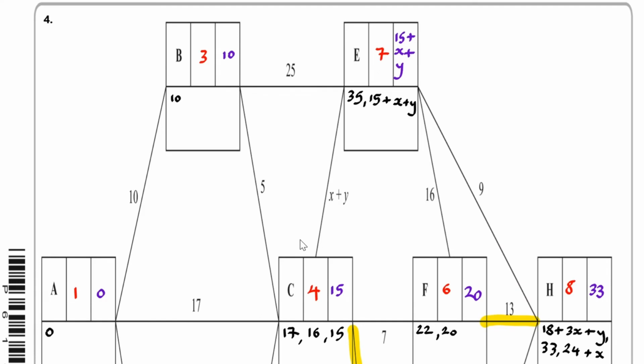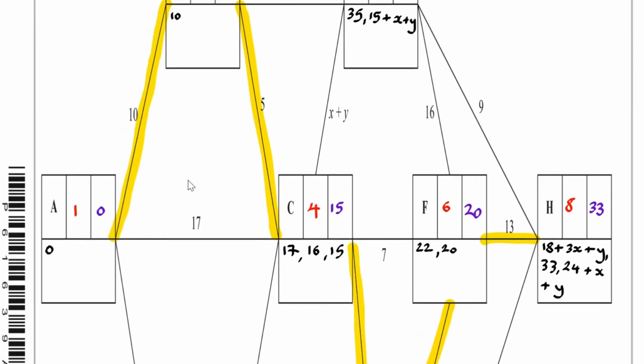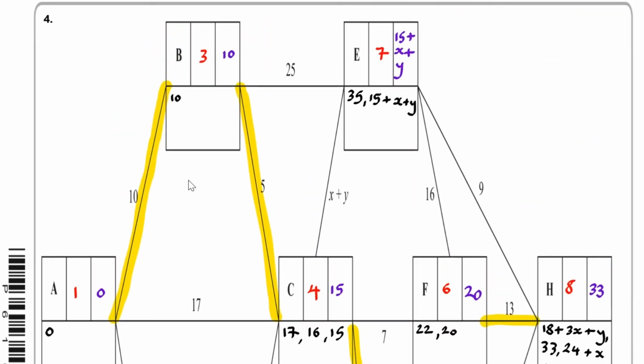And 15 take away 5, that would be 10. And then 10 take away 10, that would be 0. That's one of the routes we can take. Okay, let's just show them. So now, well, that's one of the routes, but still not in terms of x and y.